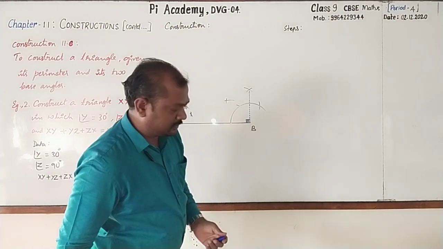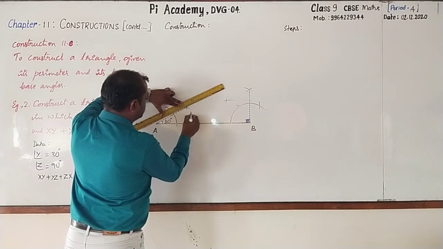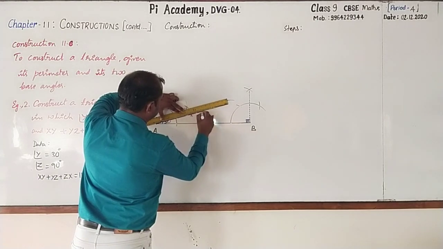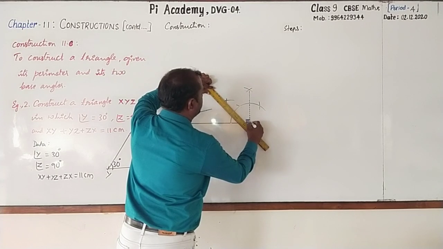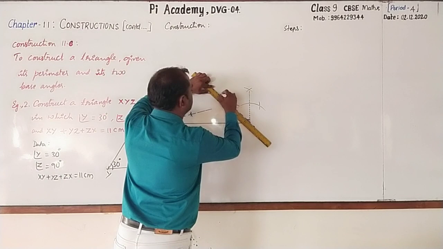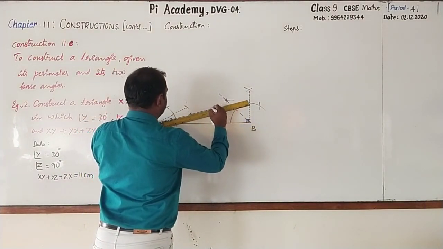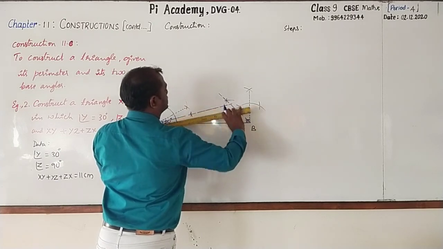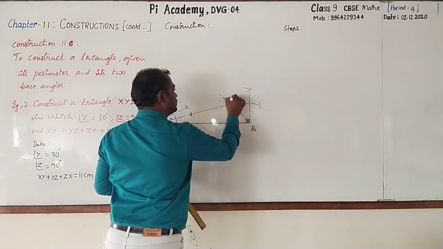Then draw the line through this point from A. Similarly, from point B through this point, such that both will intersect at a point. Let me mark the point of intersection as X.